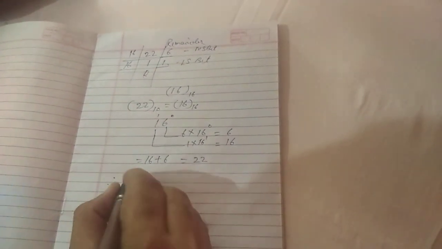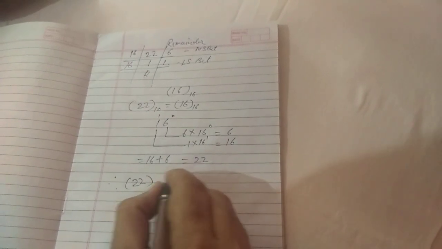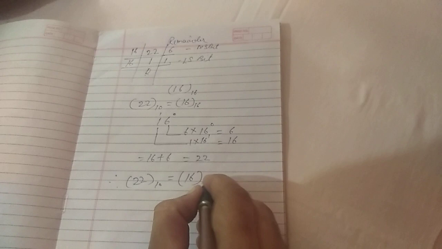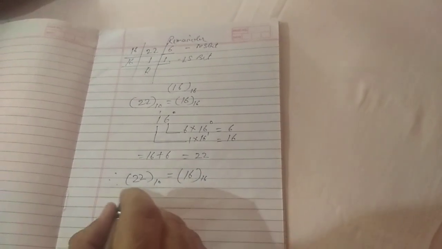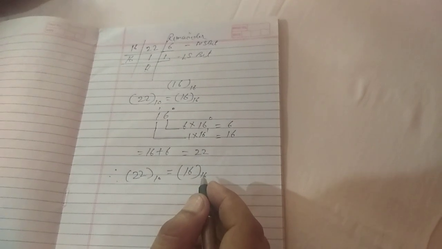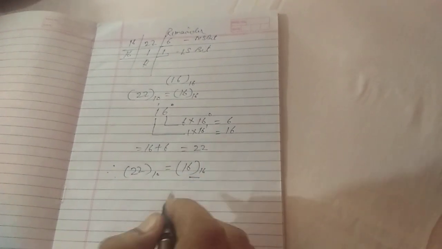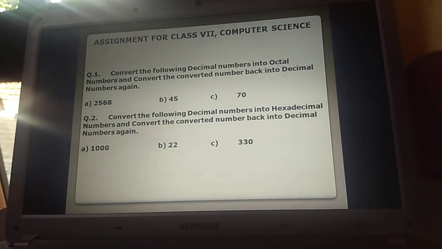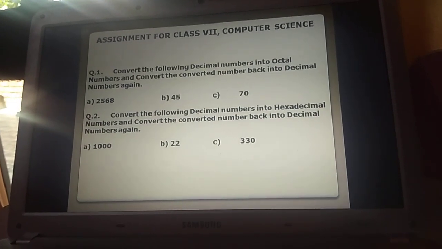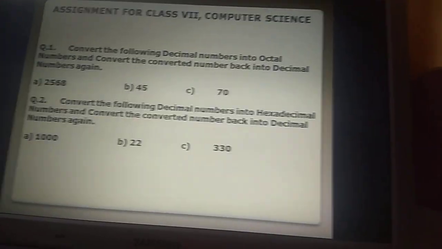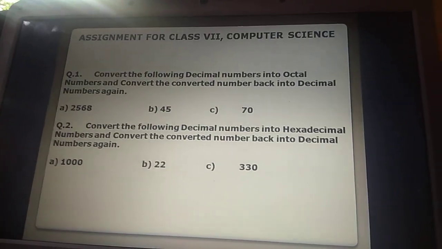So we can prove here that 22 base 10 is equal to 16 base 16. The decimal 22 is equal to the hexadecimal 16. Now we have totally proven the conversion of one number system, and converting it back to its equivalent in the other number system.